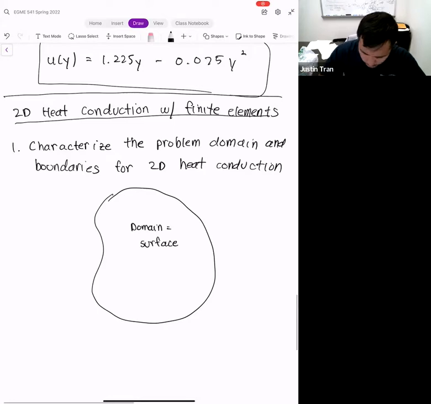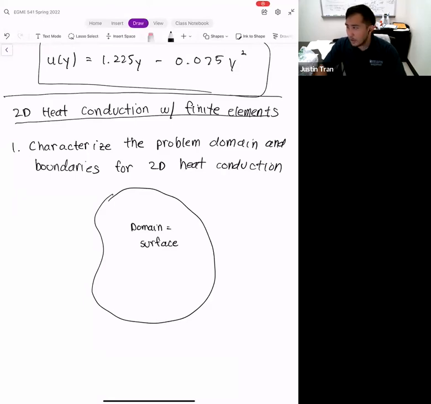A surface is the name we typically use for a two-dimensional object. For all intents and purposes, we're going to assume that our surface is flat on the table. So our domain here is a 2D space.